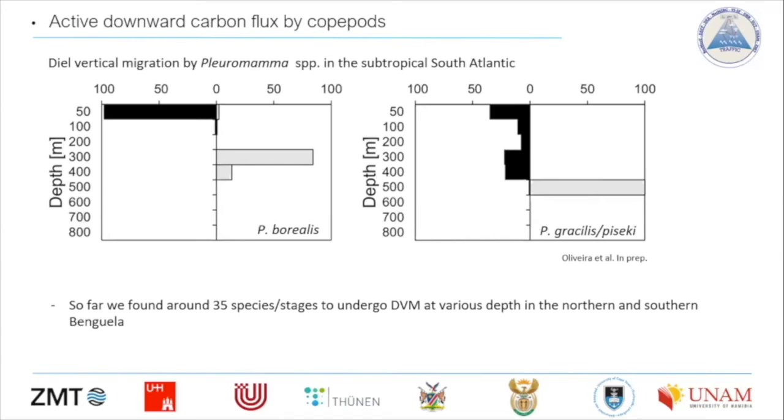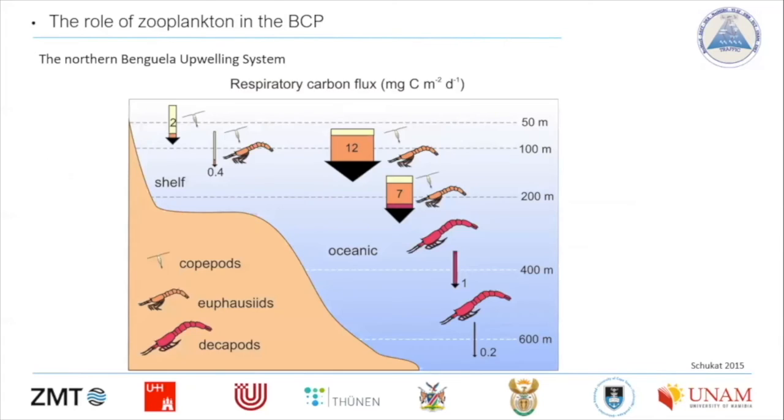So they move into the surface layer during the night to feed, and then move back into this 300 to 600 meters during the day, where they respire and presumably stay to avoid visual predators during the day. So far, we found around 35 species or stages that undergo these diel vertical migrations at various depths in the northern and the southern Benguela current too.